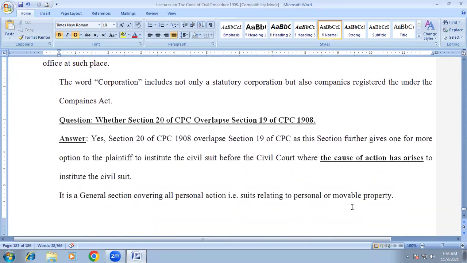Now, let us discuss some questions. Whether section 20 of CPC overlaps section 19 of CPC? Answer is yes. Although we had read that section 20 can be resorted to when there is silence of provision in section number 16 to 19.